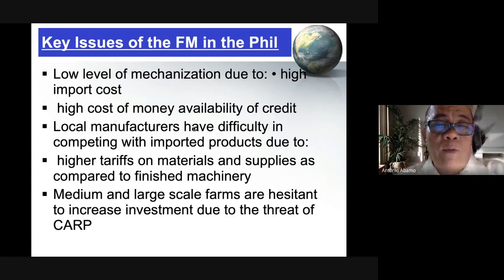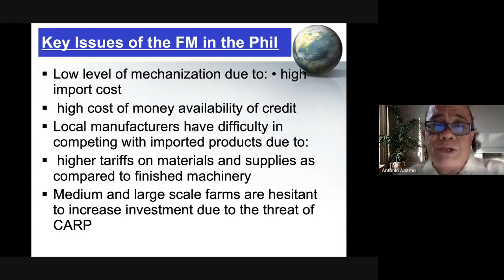Now, with the agrarian reform program in the Philippines, rice and other crops covered by CARP are subdivided into various fragmentations. And this fragmentation requires different kinds of machines that suit the specific area.